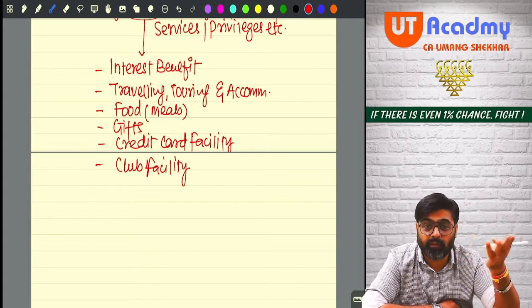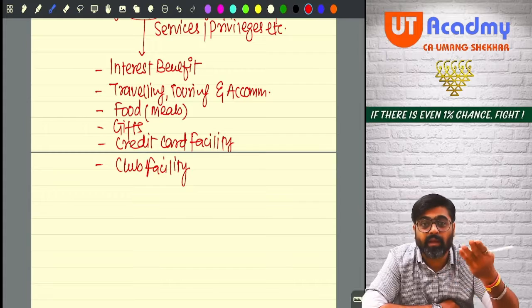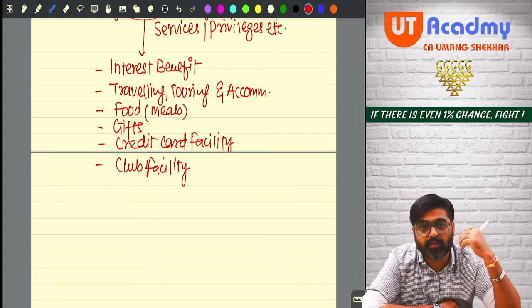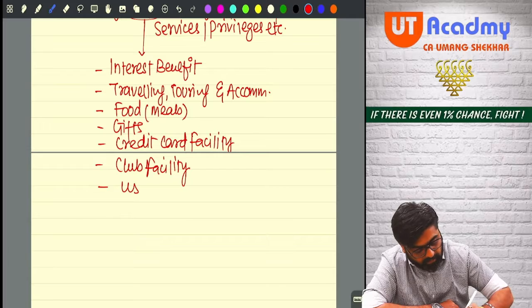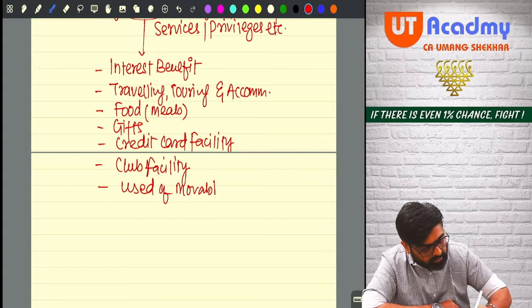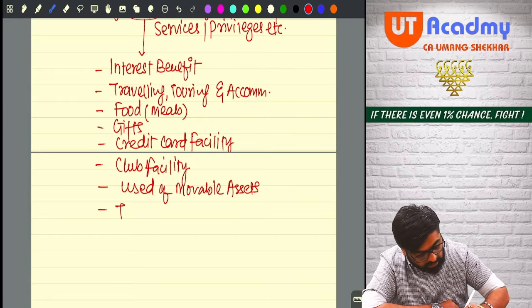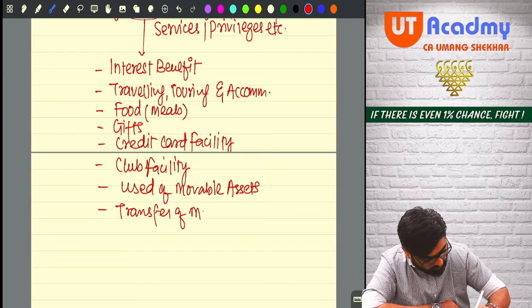By providing gifts, by providing credit card facility, club facility. Sometimes the benefit is given by providing the use of movable assets. Sometimes it can be by way of transfer of movable asset.